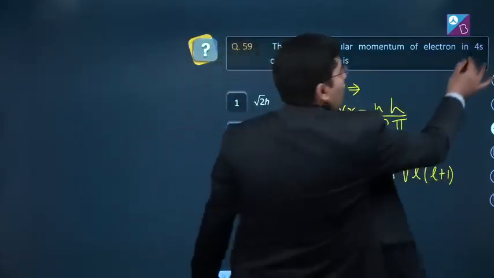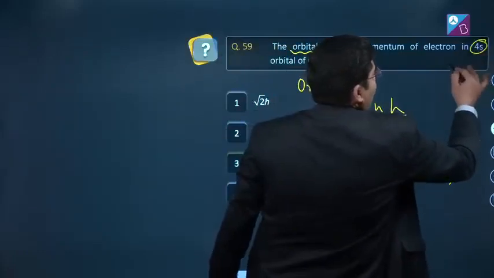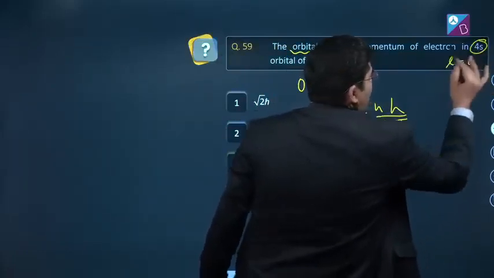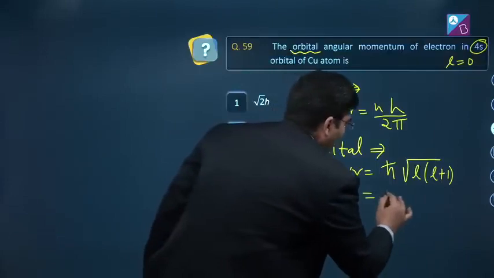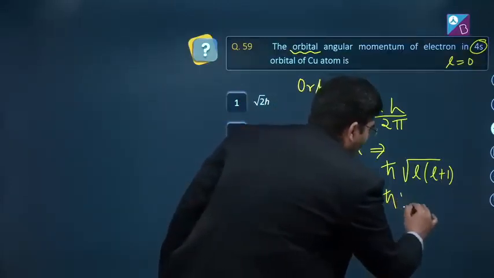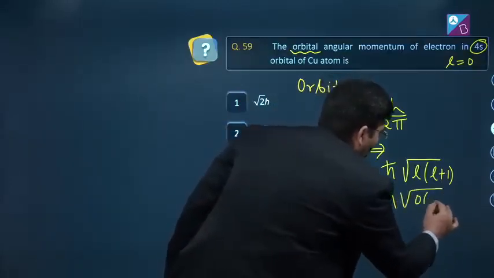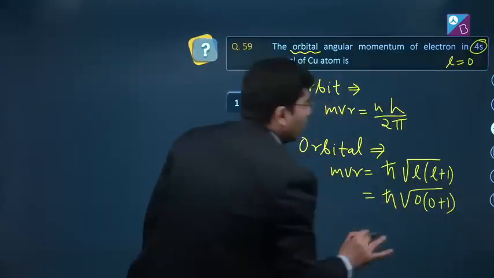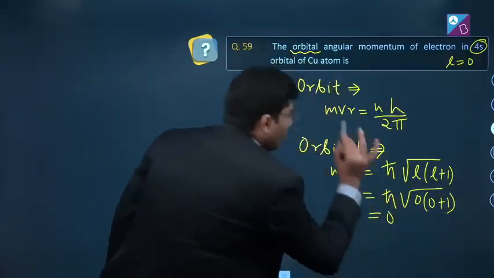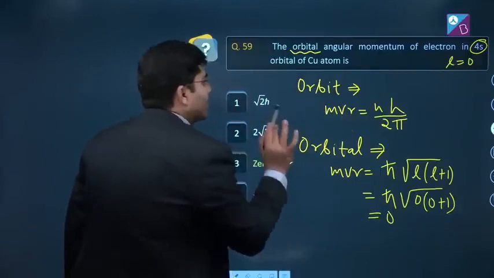Now, we are talking about 4s. 4s means L is equal to 0. So we just have to write h bar into root of 0 into 0 plus 1. Now, what will be the answer? It will be 0. So this is the correct answer.